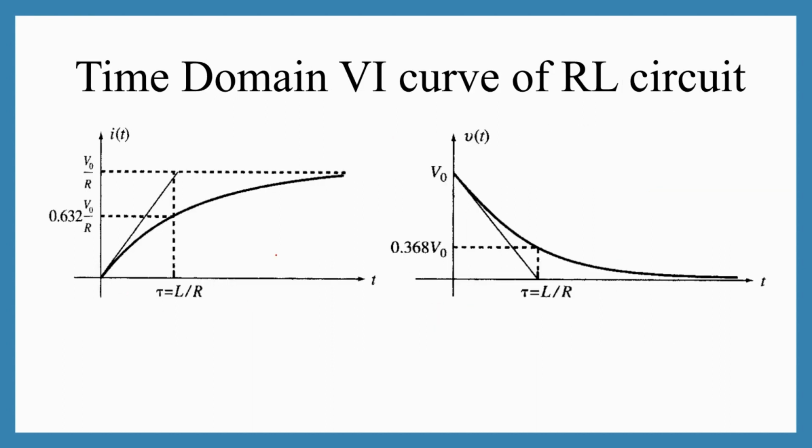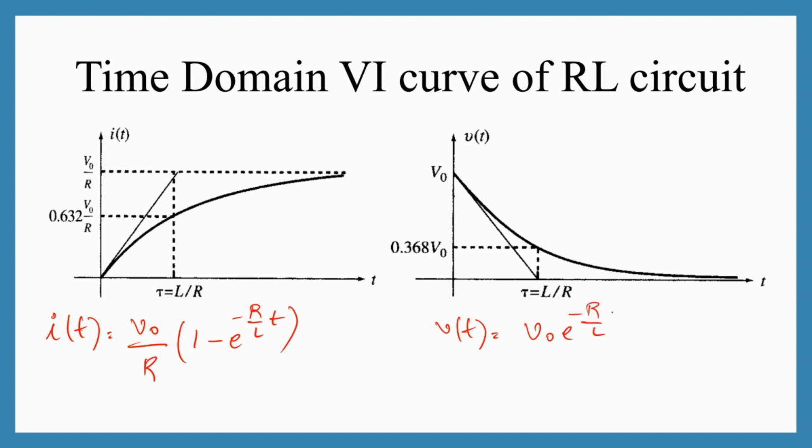If we look at the current, when it is connected to the voltage source, the current would be rising exponentially, where the expression would be I of t is V naught by R 1 minus e power minus R by L t. Here, L by R is going to be the time constant, and V of t is going to be equal to V naught e power minus R by L into t.